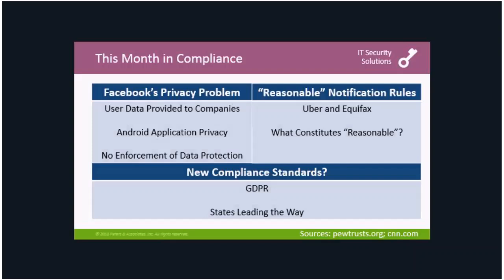So we're seeing states where the federal government has not moved fast enough to implement new standards of how their citizens' data is kept, stored, and transferred and shared. We're seeing states step in to start introducing new laws, and it's something that all of us need to be aware of and understand how it's going to impact how we take care of the data that we have.